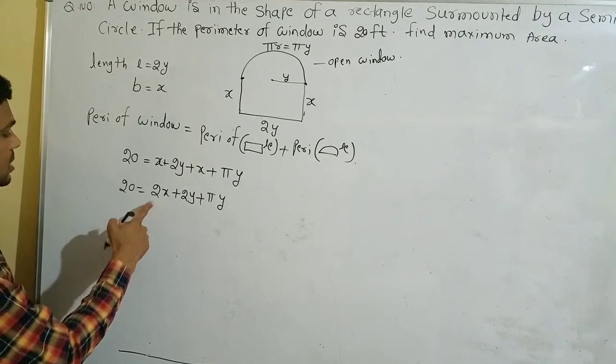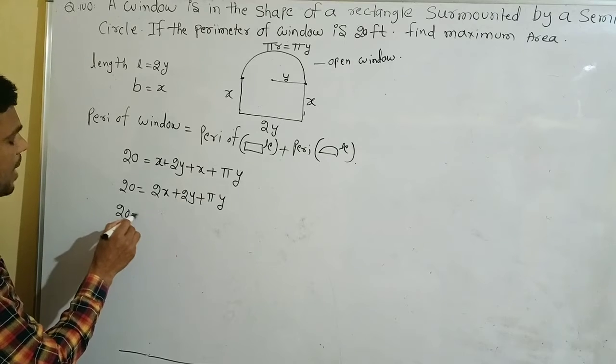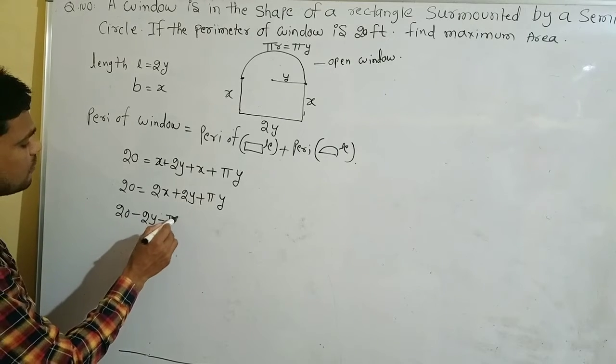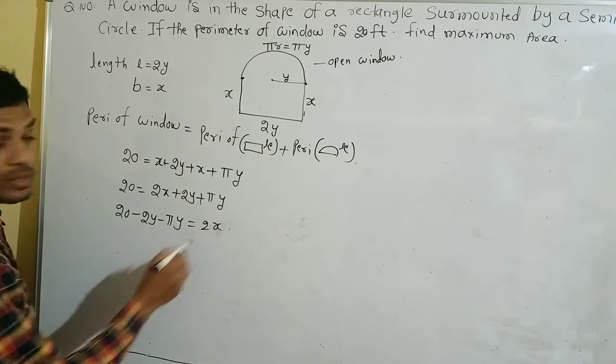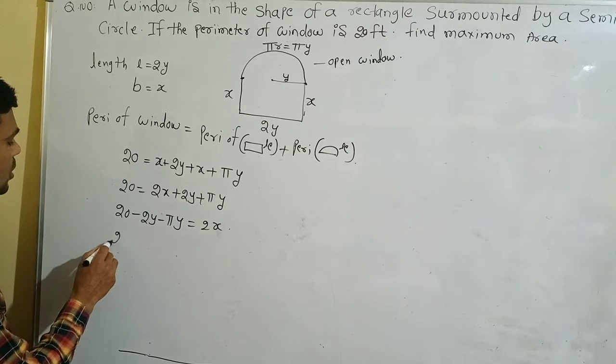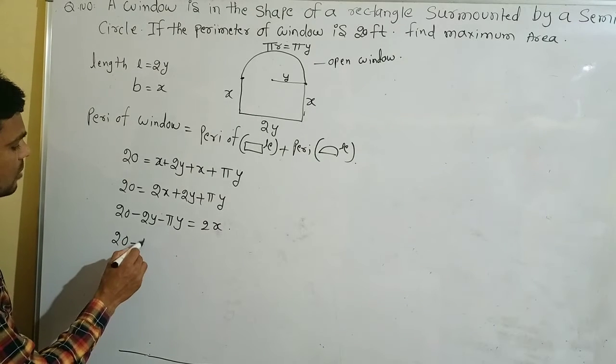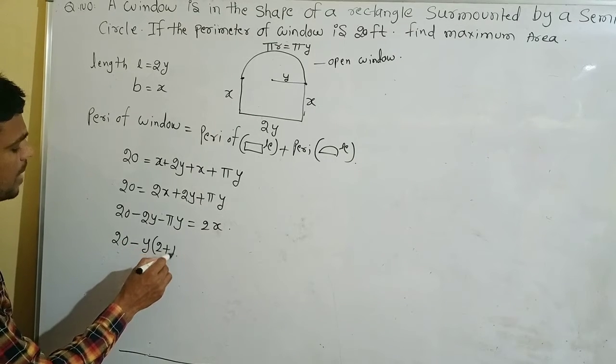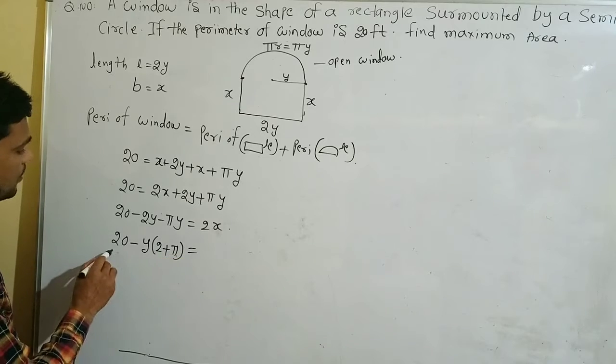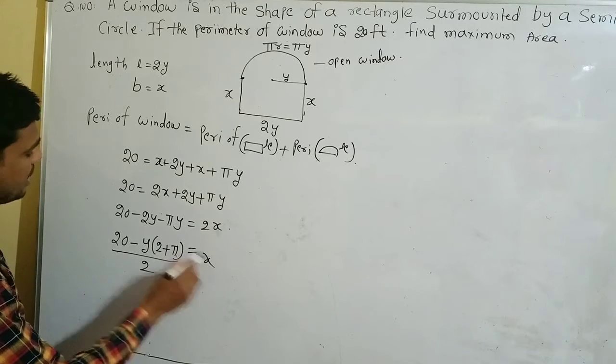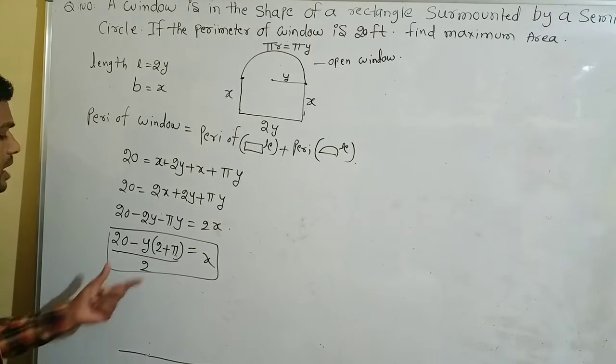Here we want 2x, subject x. 20 minus 2y minus pi y equal to 2x. Okay now, 20 minus y times (2 plus pi), divided by 2, equal to x. x is in terms of y.